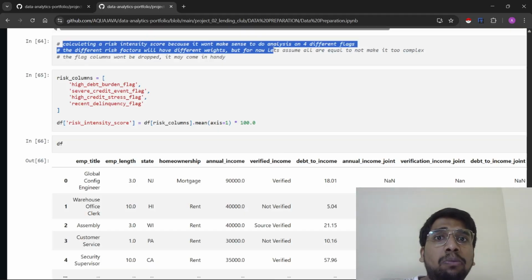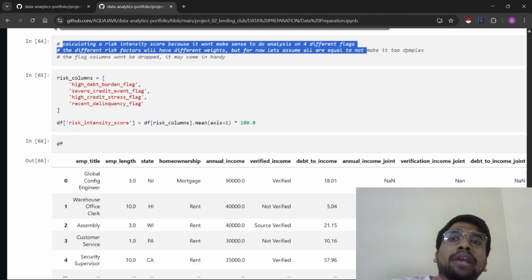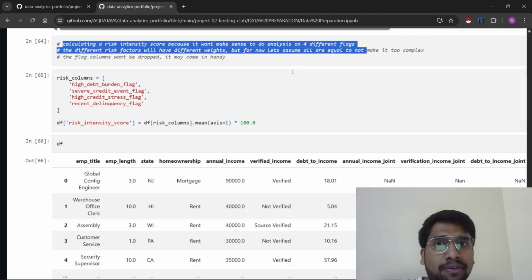Calculating a risk intensity score, because it won't make sense to do analysis on four different flags. So basically, if initially there were around 10 to 15 columns which talked about the behavior of a borrower, I compressed them into four, and now I'm compressing those four into one so that it becomes less and less complex. Here I have assumed that these four flags are equal in nature.